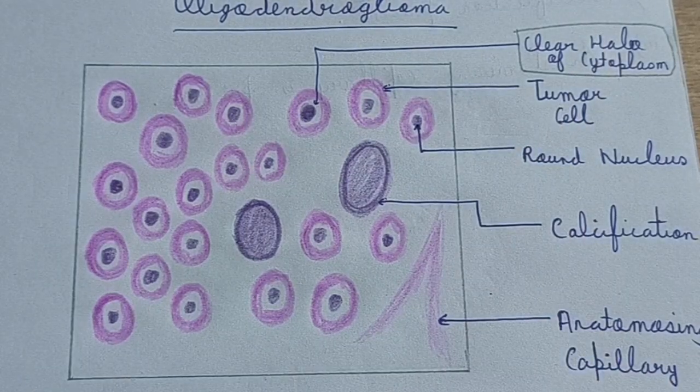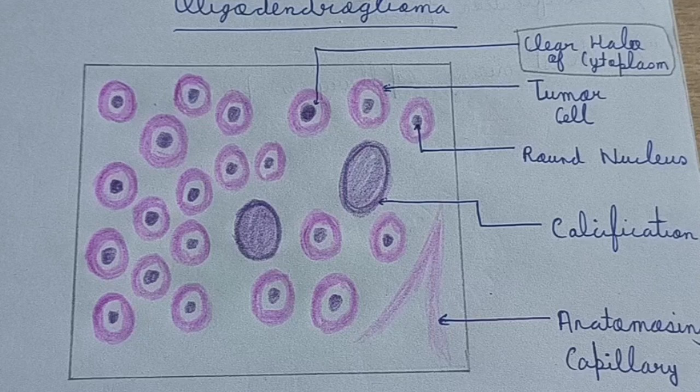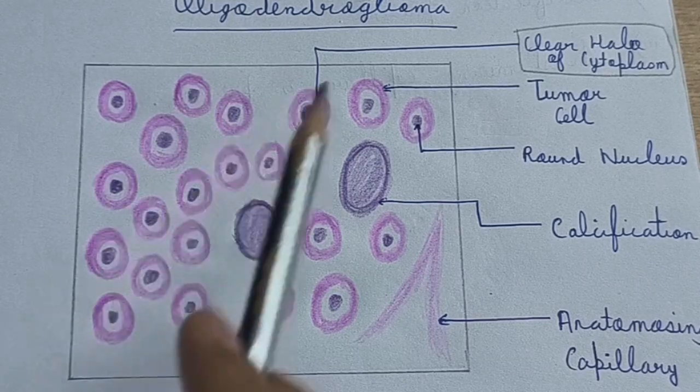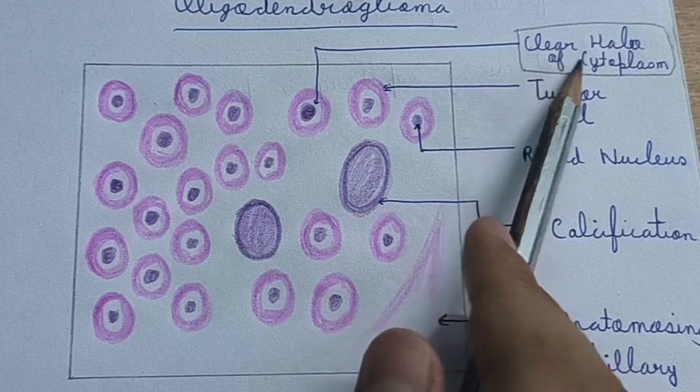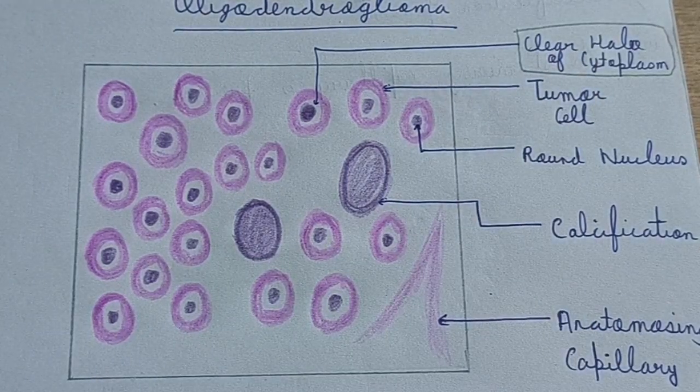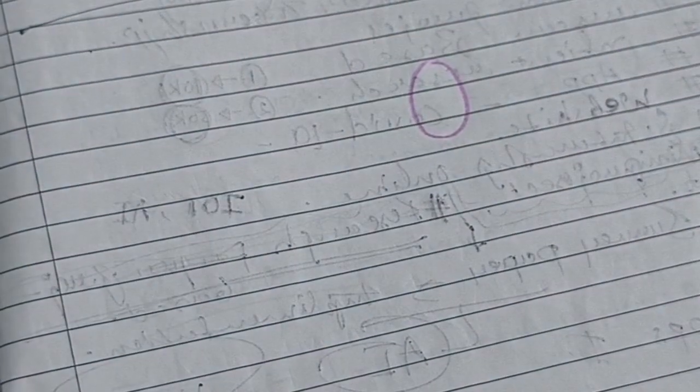Now I am going to describe the tumor cell in detail, and with the help of that explanation you can easily understand what is the clear halo of cytoplasm and also the round nucleus. As you can already see, this is the tumor cell.